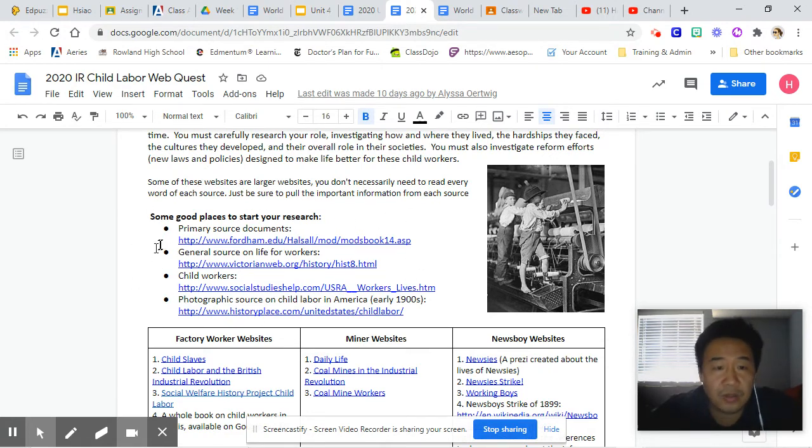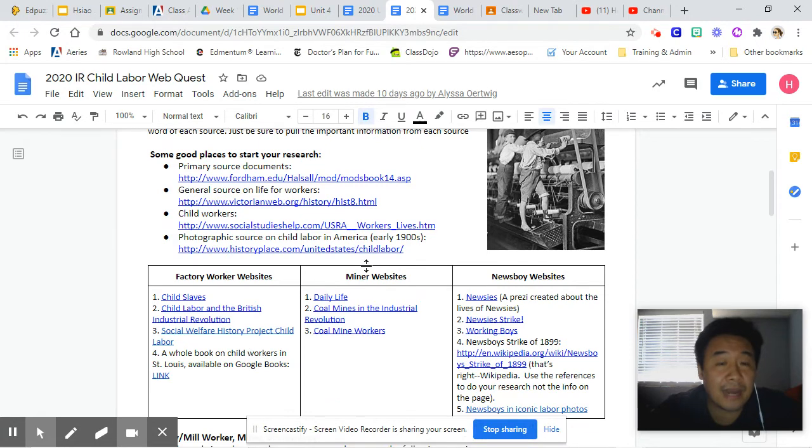There's a lot of primary sources, there's a lot of general sources, and remembering back to what the Ed puzzle was telling you, it's so well documented what happened in this time period for these children that we're going back and looking at that. And we're going to be looking at it because child labor still exists today. It's not that it's gone away.